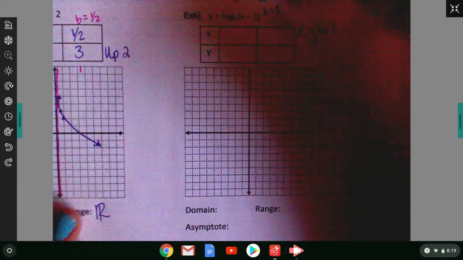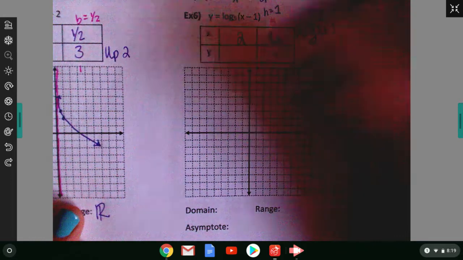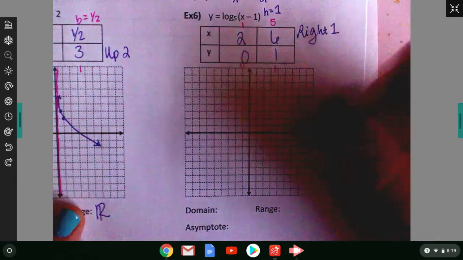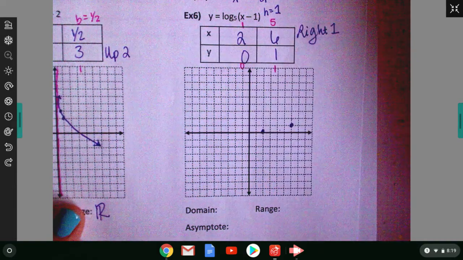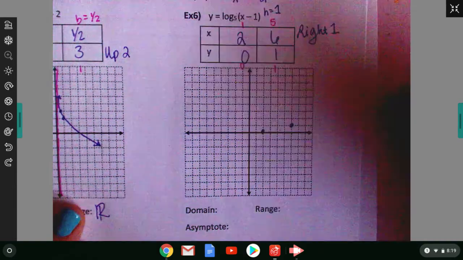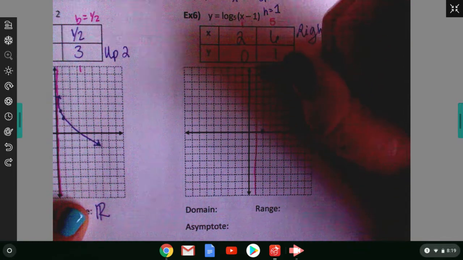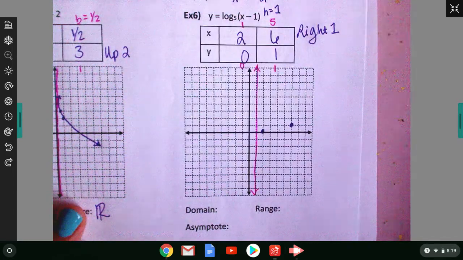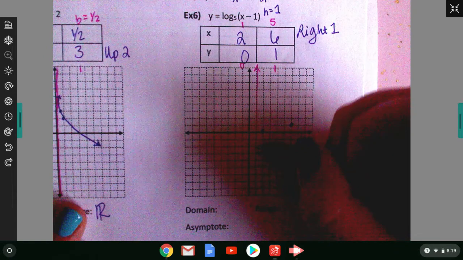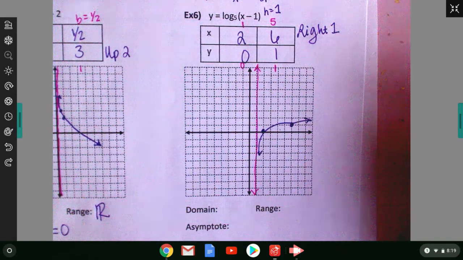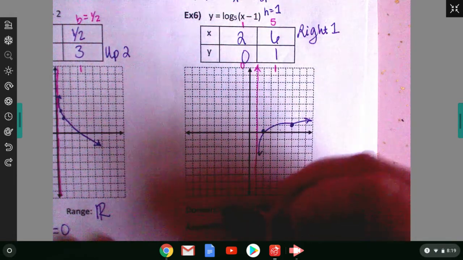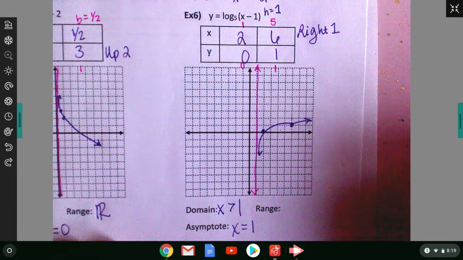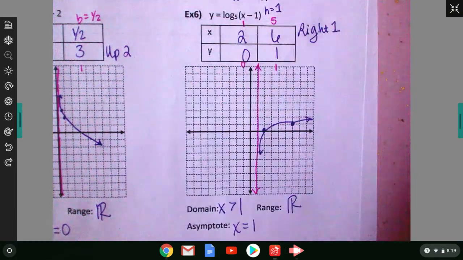So these will move right 1: 1 will move to 2, 5 will move to 6, y's will stay the same. Point at 2, 0, point at 6, 1, and an asymptote at 1. So here is our curve. We've got an asymptote at 1, a domain x greater than 1, and a range of all reals.